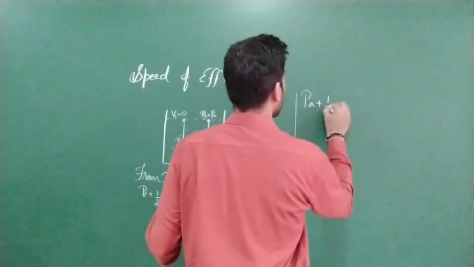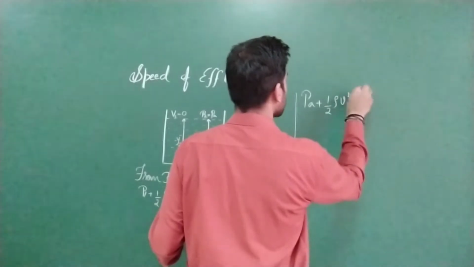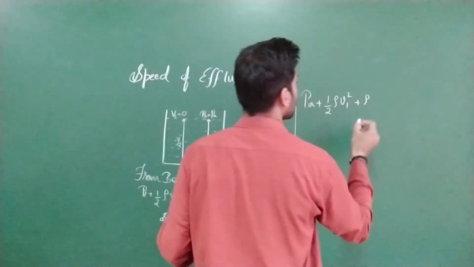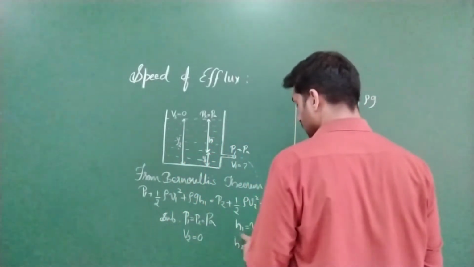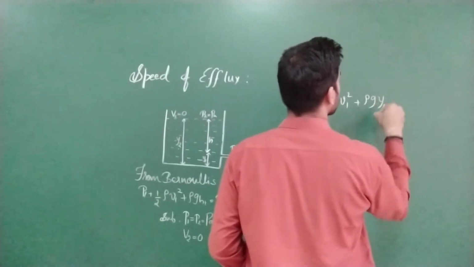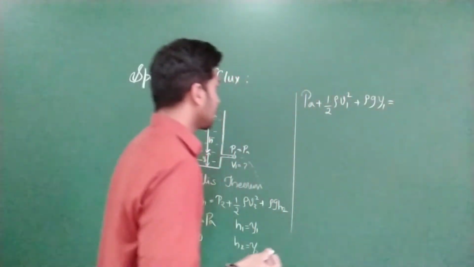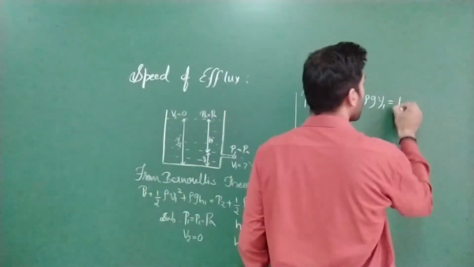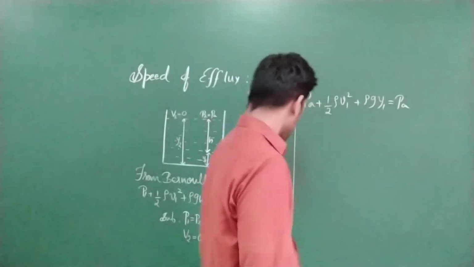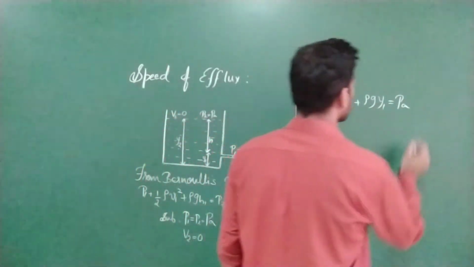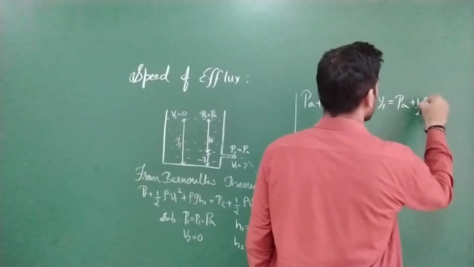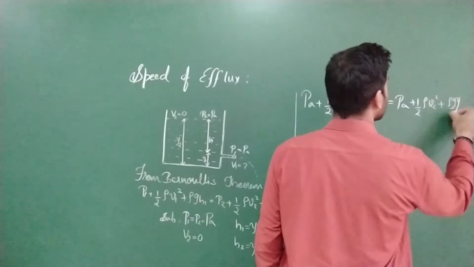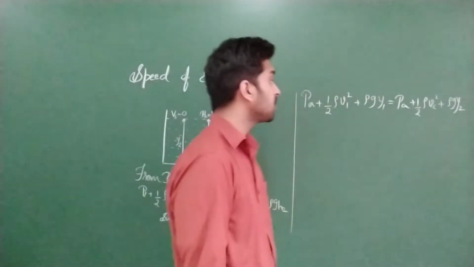PA plus half rho V1 square plus rho g, in the place of h1 y1, is equal to, second case what we are having, P2 which is nothing but PA, plus half rho V2 square plus rho g y2.